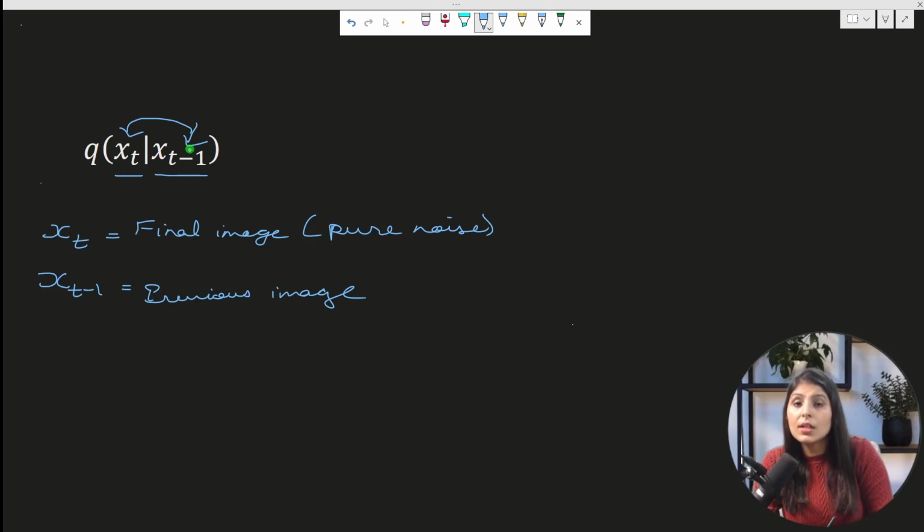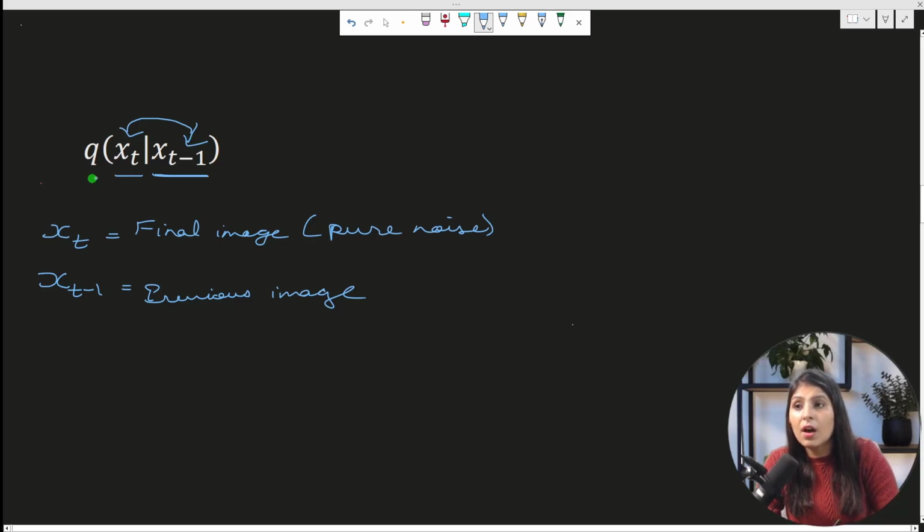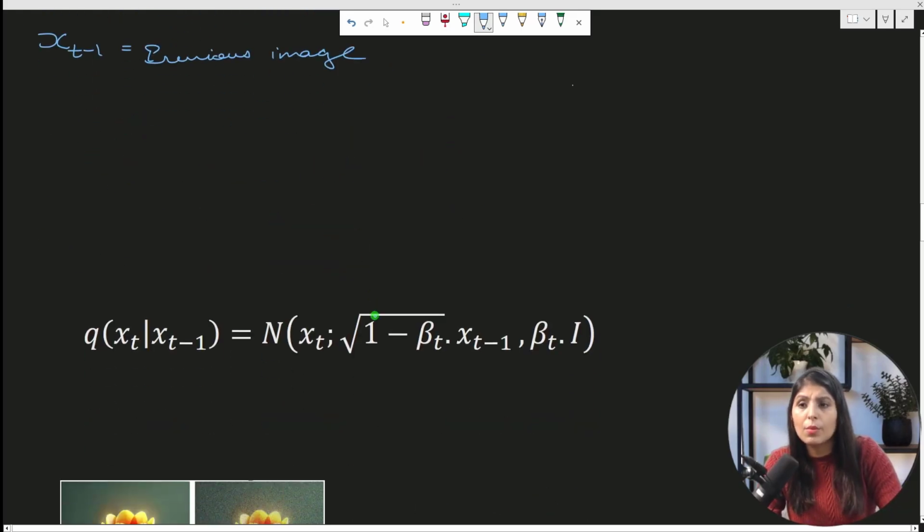The input to this function is the less noisy image, xt minus 1, and it gives you the image with more noise added to it. Now let's understand in more detail how this function gives us xt on the basis of xt minus 1. This is the formula for it.